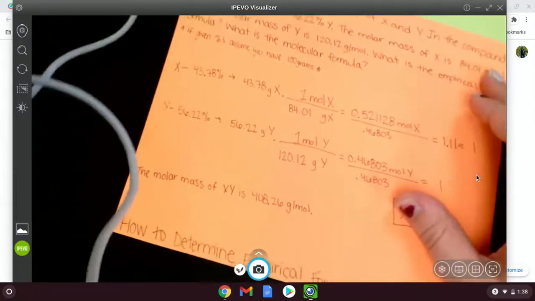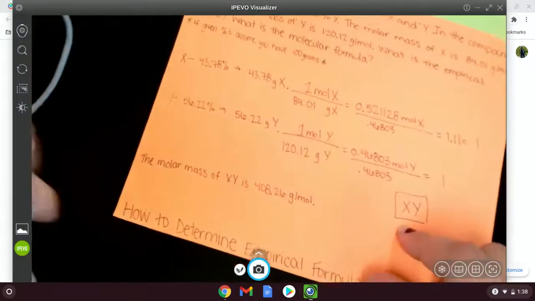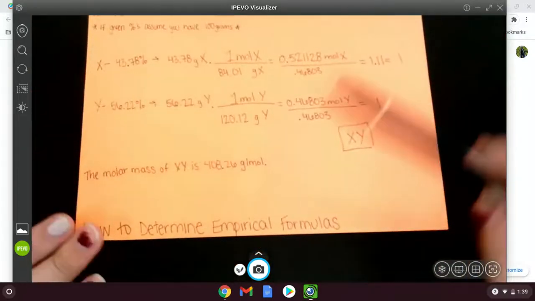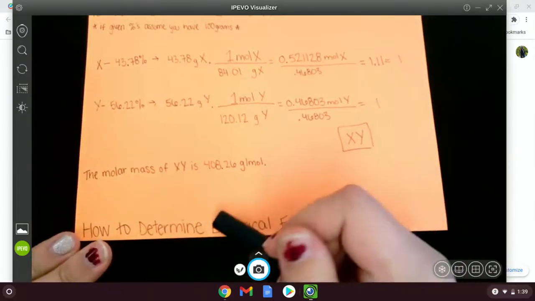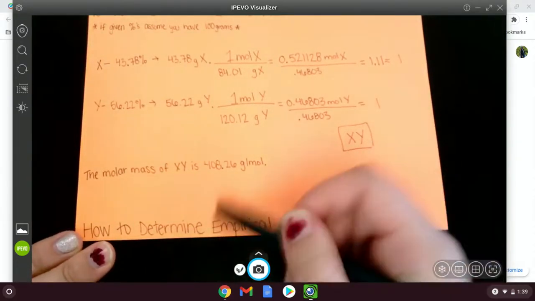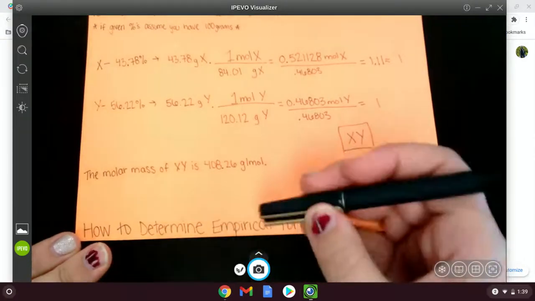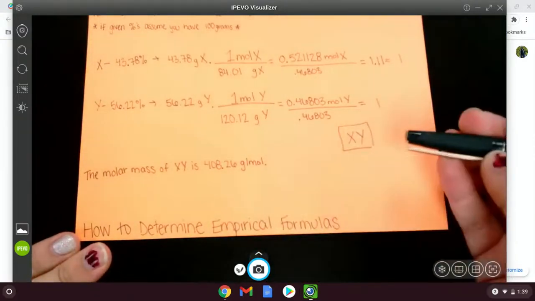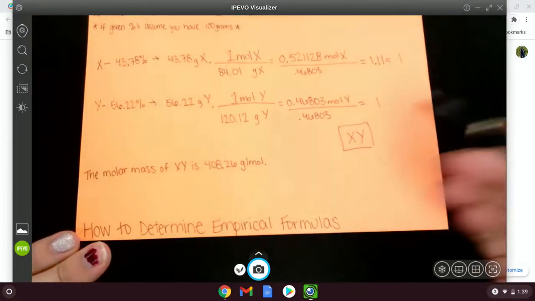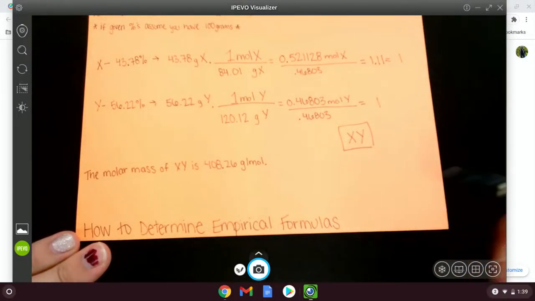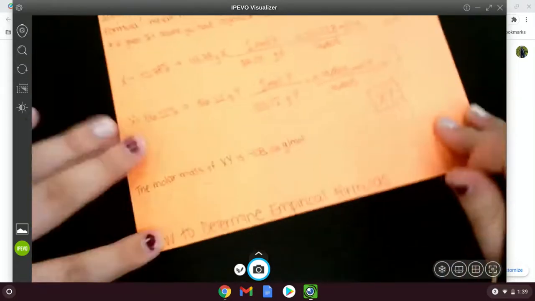Okay, guys, so now that we have figured out the empirical formula, we need to figure out the molecular formula. So I've added this information. It's known that the molar mass of XY is 408.26 grams per mole. So how we find the molecular formula from the empirical formula is this.